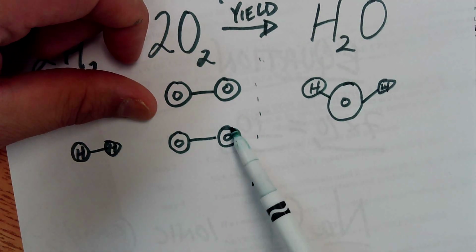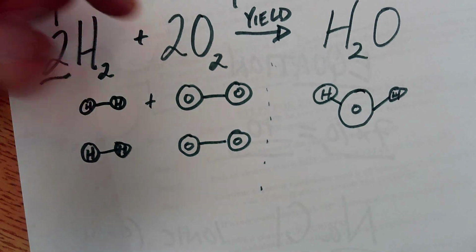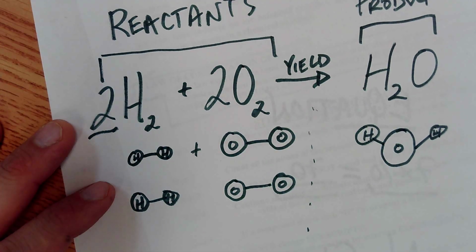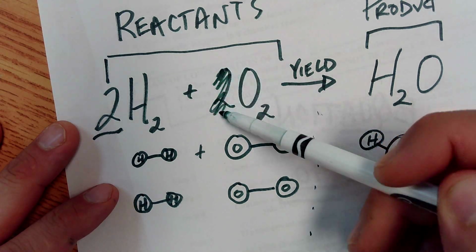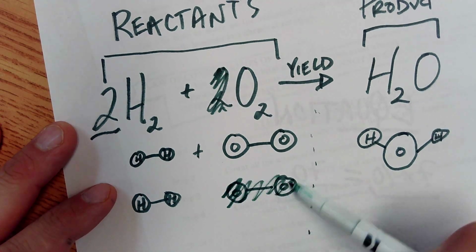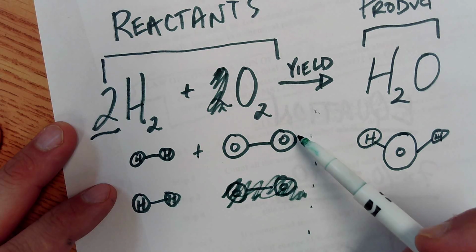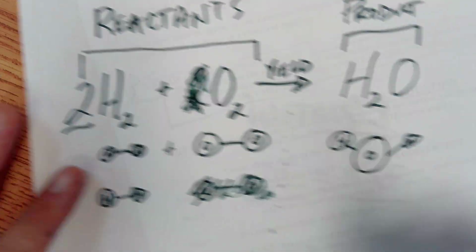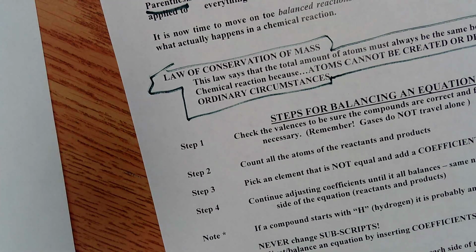And here I have 4 oxygens, but I only have 1 there. So we're trying to make them equal, right? And we do that by adding coefficients. If I took away one of those, I would have 2 oxygens, okay? So keep that in mind with multiplying them.